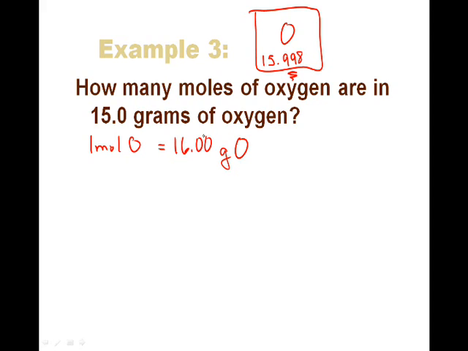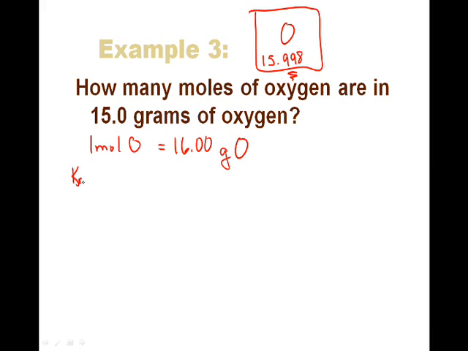So the number of grams in 1 mole of oxygen is 16.00, and I got that from the periodic table. Now, aren't you glad you don't have to actually memorize the entire periodic table, because you'd have to memorize all of those atomic masses as well. So that's what we're going to use for our conversion factor.